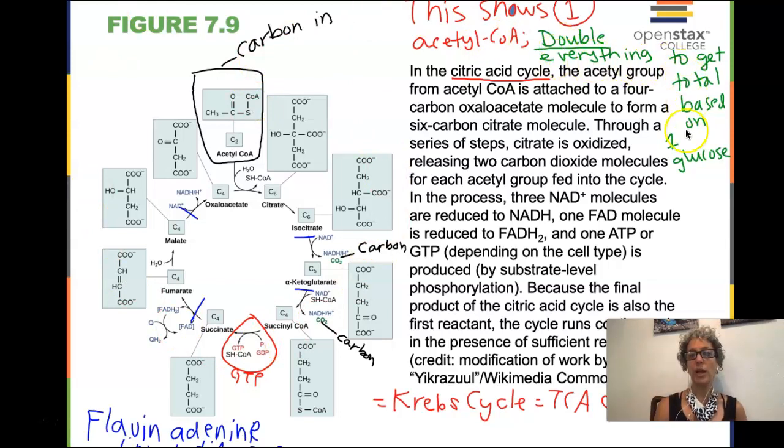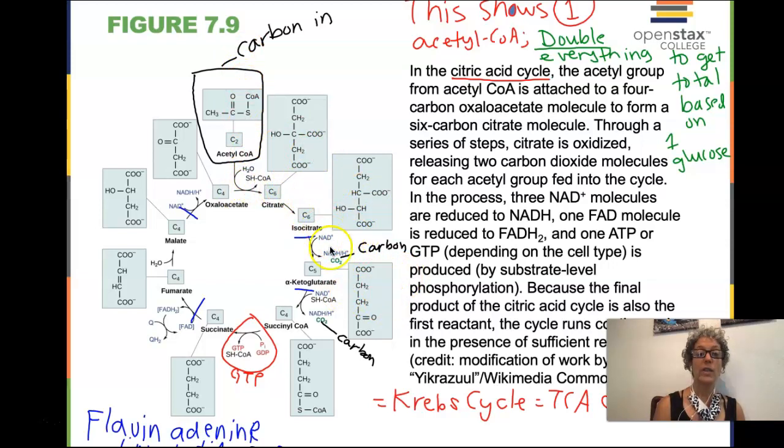So we have to double everything to get to our total because 2 acetyl-CoA came out of that transition step. So we have to put 2 acetyl-CoAs in. But if we follow 1, the acetyl coenzyme A comes in and it attaches to this chemical oxaloacetate. It's called the citric acid cycle because there are things coming in and out of the cycle.